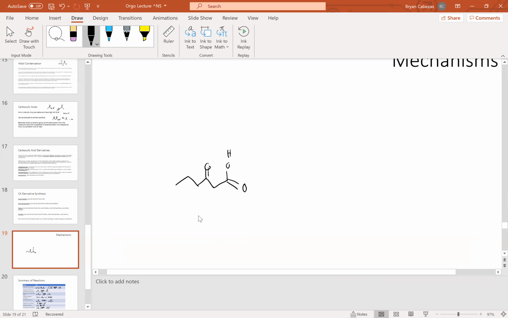And what's going to happen is that the double bond from this beta ketone is going to come in and steal this hydrogen from the oxygen over here. The covalent bond between the hydrogen and the oxygen is now going to be put back into the oxygen.